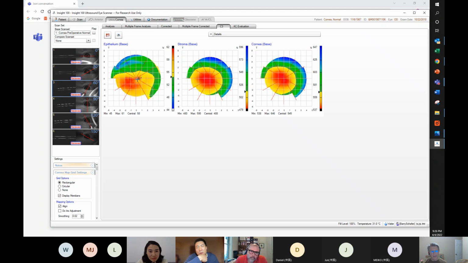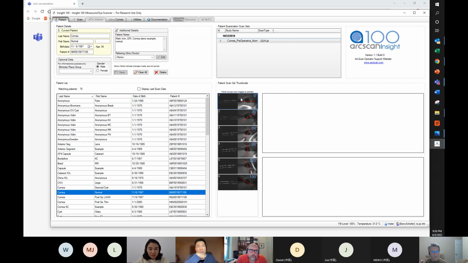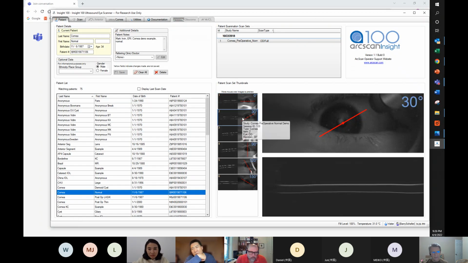Sometimes the patient's eye is moving around and they can't fixate well. And so we cannot interpret the data between the scans very well, and you'll get a blank spot as well. But in this case, it was simply that lower lid of that patient. So if I come back over here, you can see that lid is right in the way.